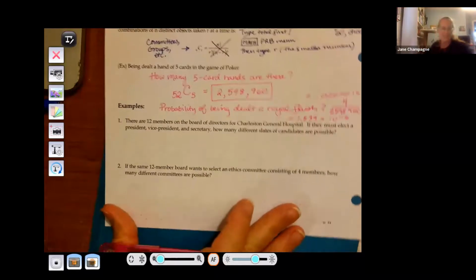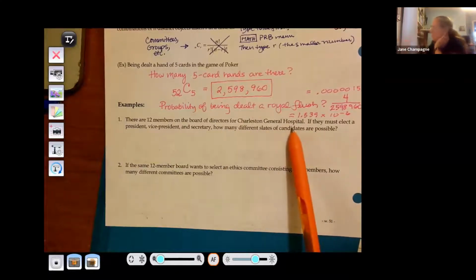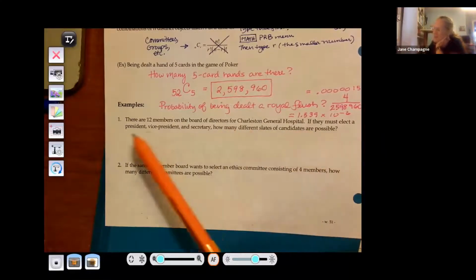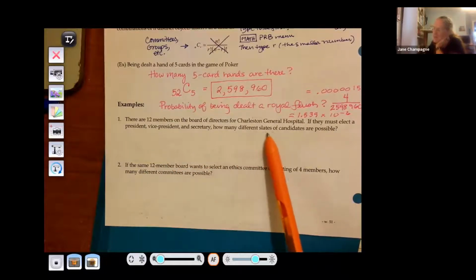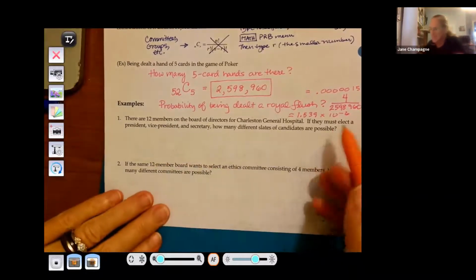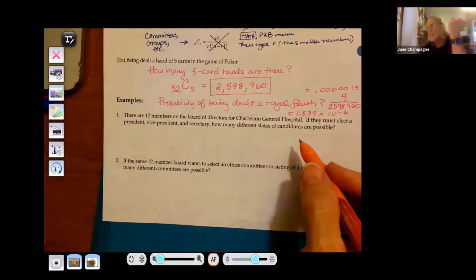All right, let's look at these examples. Number 1, there are 12 members on the board of directors for Charleston General Hospital. If they must elect a president, vice president, and secretary, how many different slates of candidates are possible? All right, so one of the things you're going to be looking at when you're looking at a question is, is it asking for a probability or is it asking for a count?